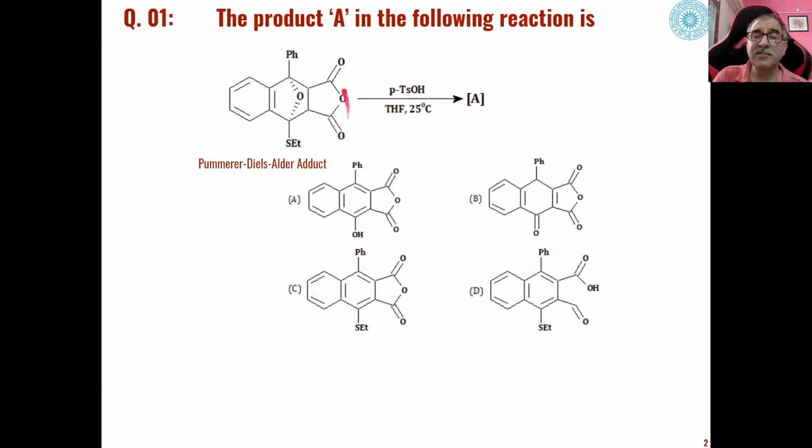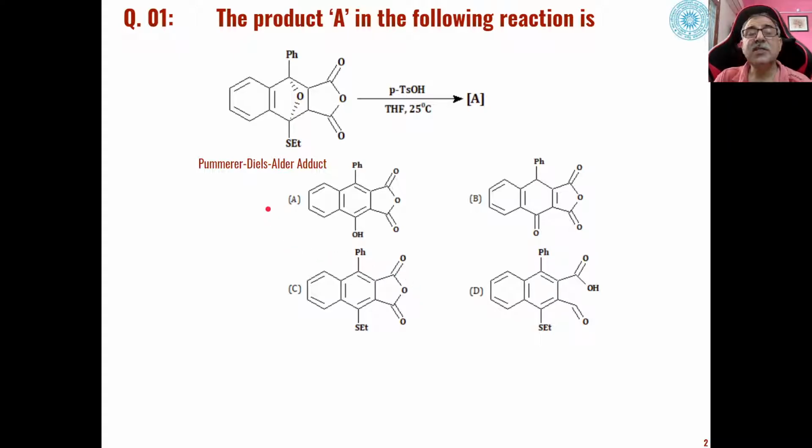This will act as dienophile, whereas this part will act as diene. So this Diels-Alder adduct will act as the substrate for this problem, and this adduct on reaction with paratoluene sulfonic acid in THF solvent at normal temperature, that is 25 degrees centigrade, will give us any of the products which we have shown as A, B, C, and D.